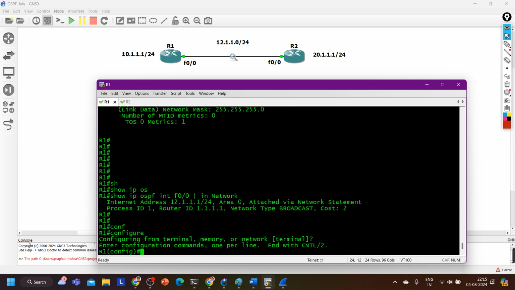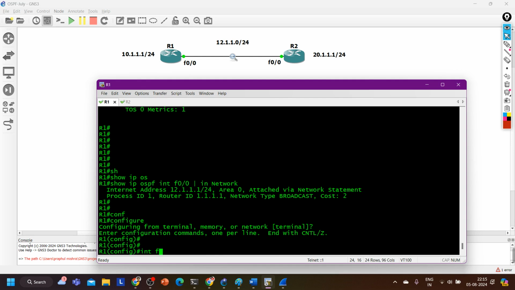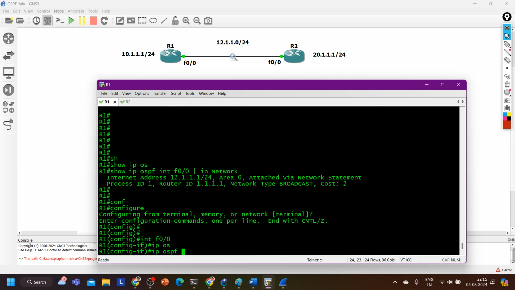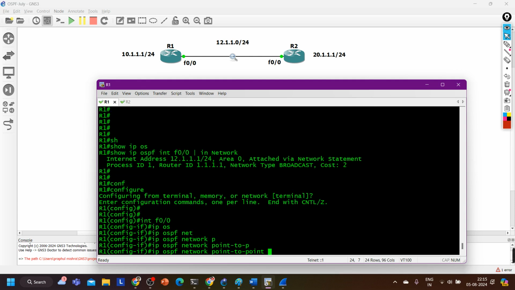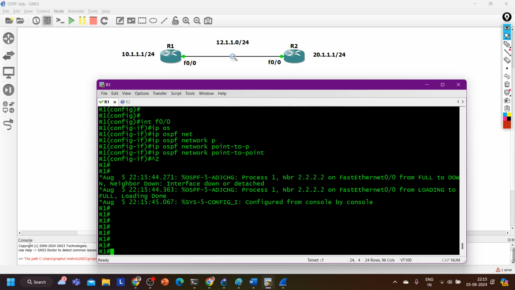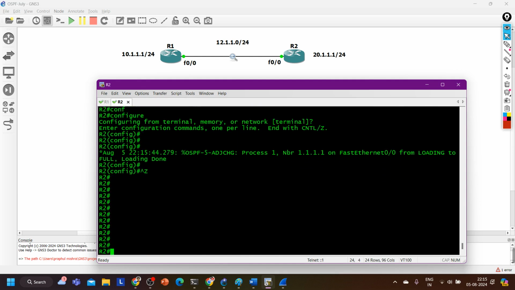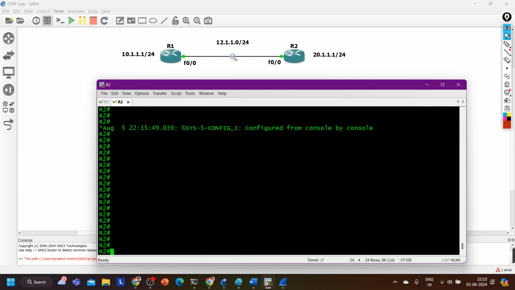On router number 1 also I am going to say interface F0/0 and then ip ospf network point-to-point. So as you have configured network type point to point, now OSPF neighborship will come up quickly, right? Now OSPF will work fast.